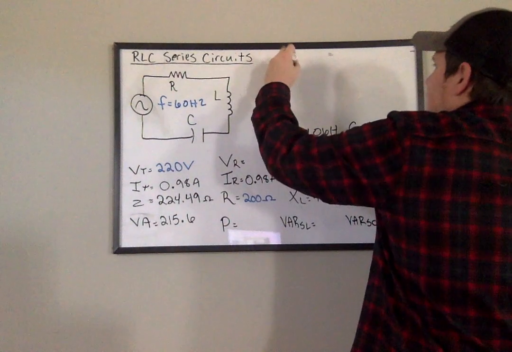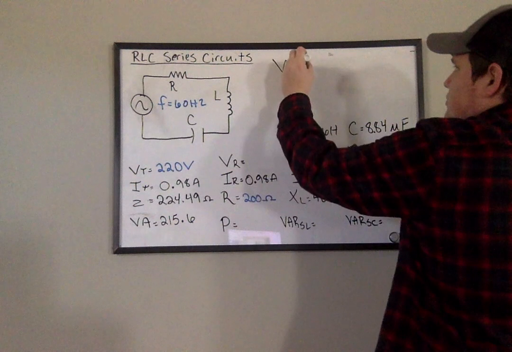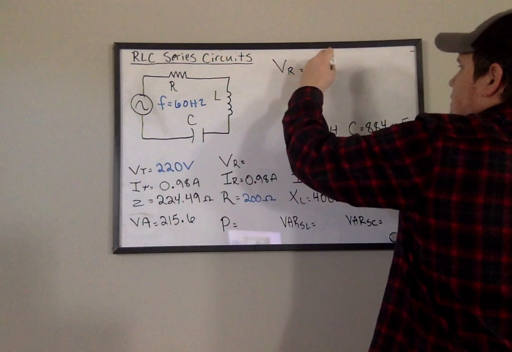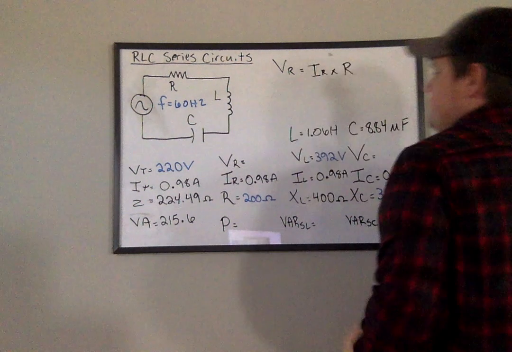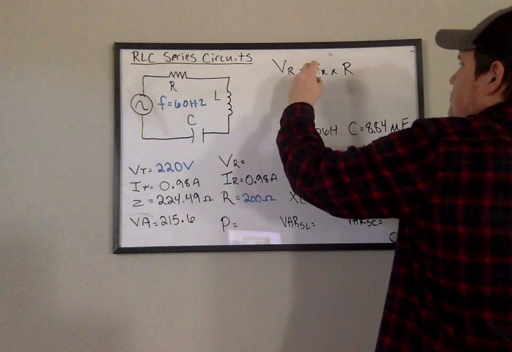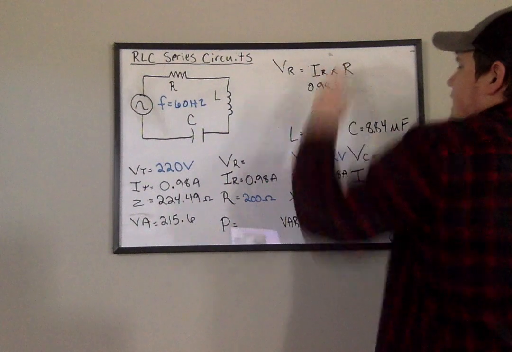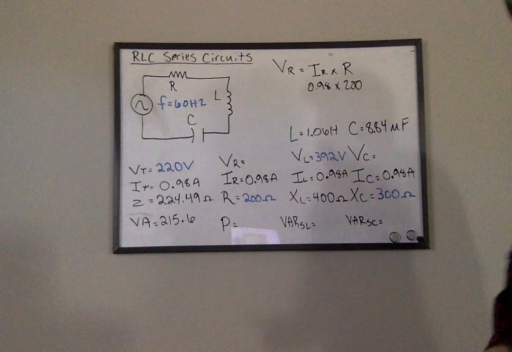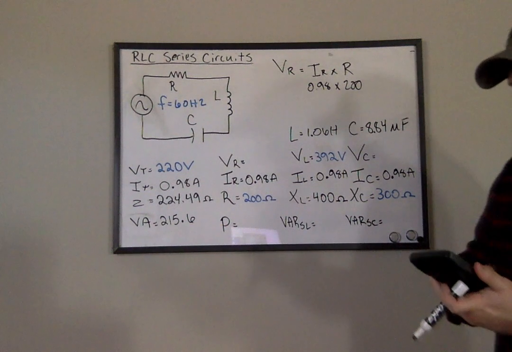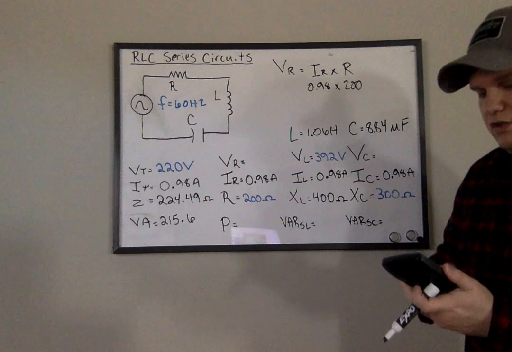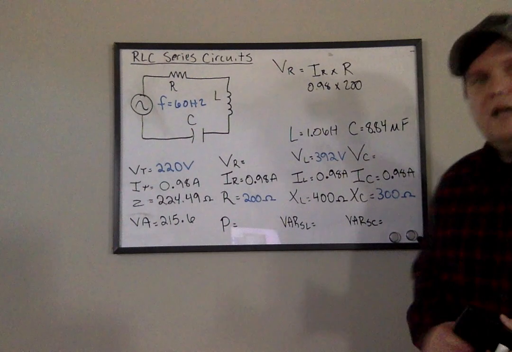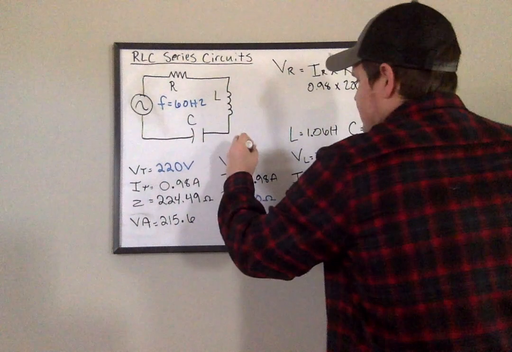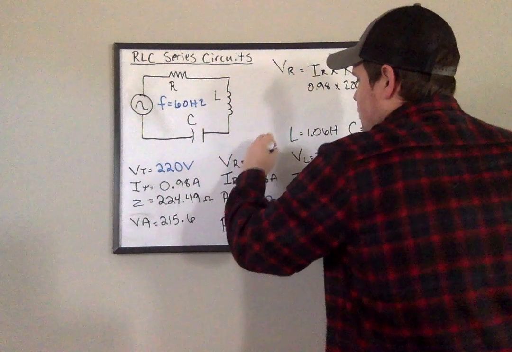It is VR, voltage across the resistor, is equal to I times R. So IR times R. So I have 0.98 times 200, and that should give you 196 volts.